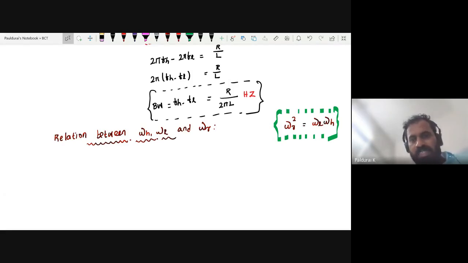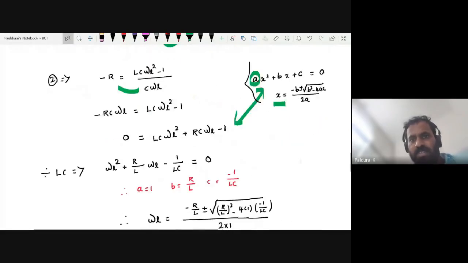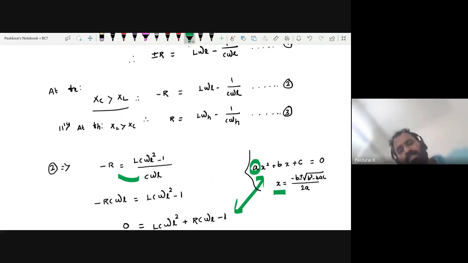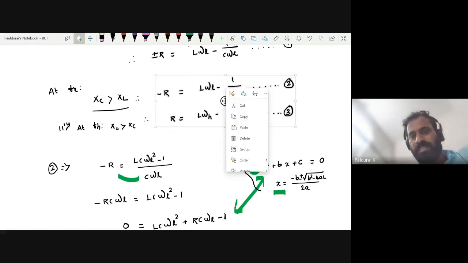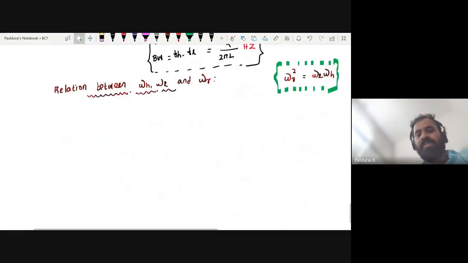So now take equation number 2. What is my equation number 2? What does it say? Equation number 2 and equation number 3. Can I take these two to derive that relation? Copy. Okay, I'm pasting it here.